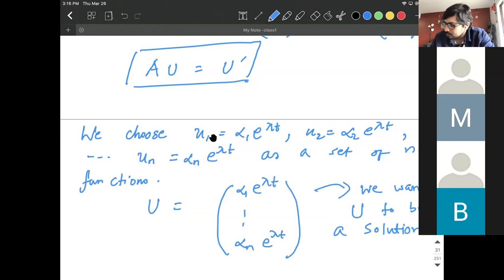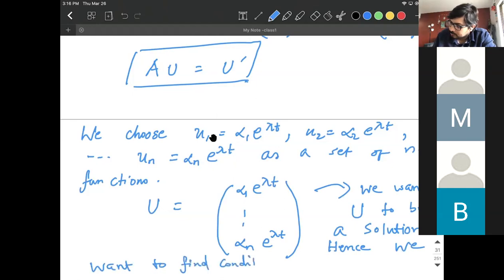Hence we want to find conditions on lambda and this alpha 1 up to alpha n.